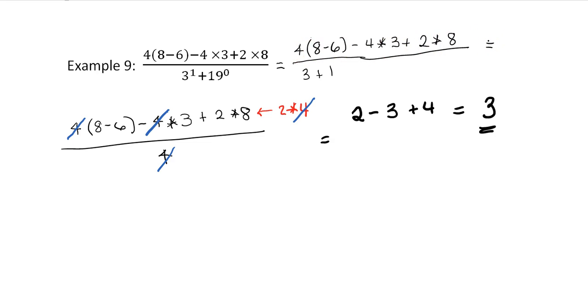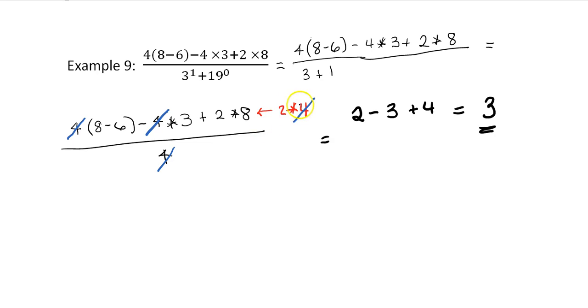So when I take a look at this, if I stop and spot this, I can see that I have a 4 in front of this parens. I have a 4 in front of that 3. And I have a 4 hiding inside that 8, because 2 times 2 times 4 would also give you that same value. It's going to be a 16.